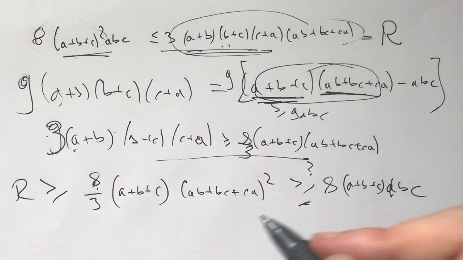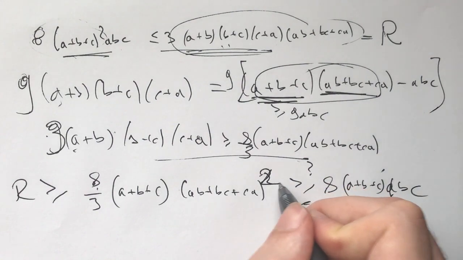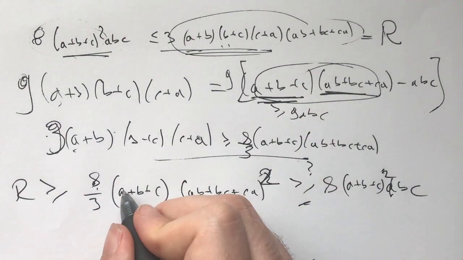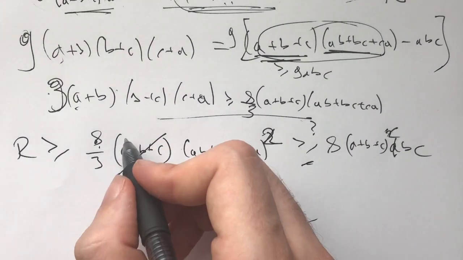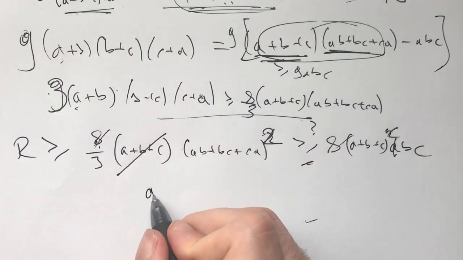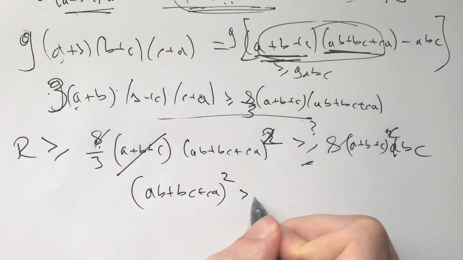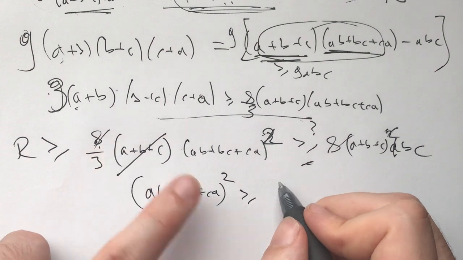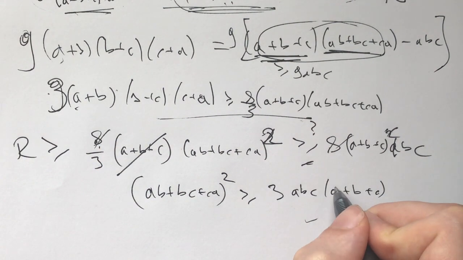And now, what's enough? Well, get rid of this thing. Actually, no, I forgot a square. Get rid of this thing once and this thing whole. And now you have the 8. And what's enough is to prove that ab plus bc plus ca squared is greater than or equal to 3 times abc times a plus b plus c.